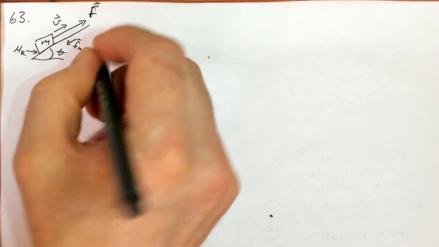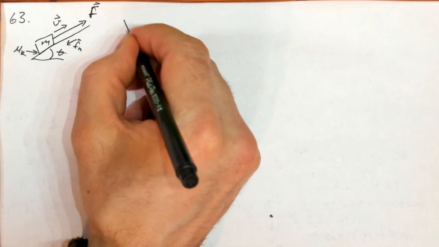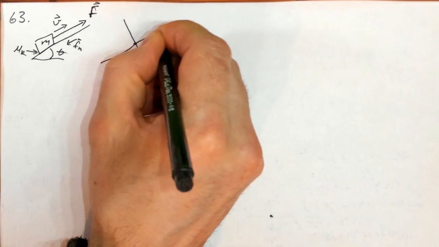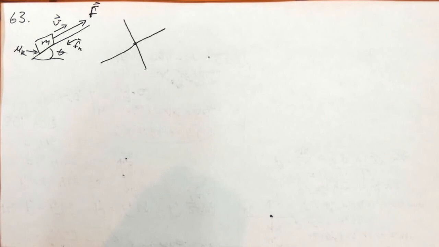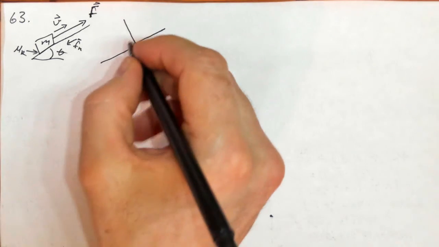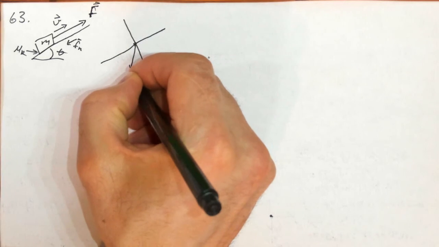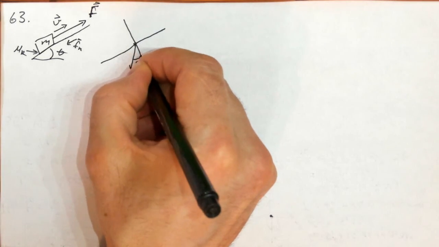So now I'm going to translate those to a free body diagram, which makes sense. Draw it tilted. What would your free body diagram look like for this? Okay, well, gravity's going to pull down. This is the angle that it makes.